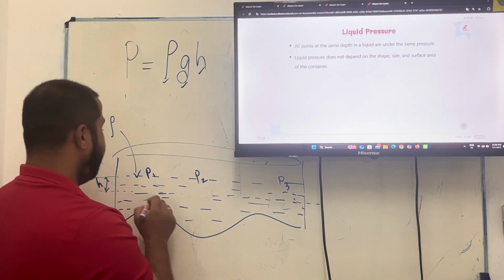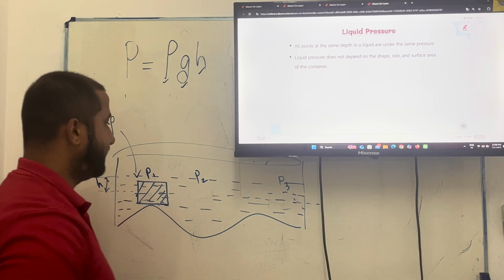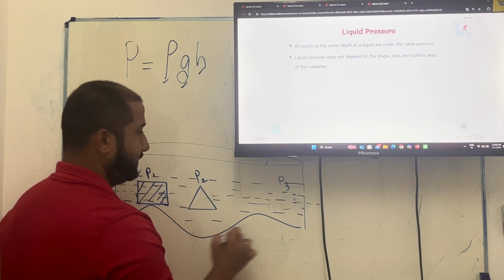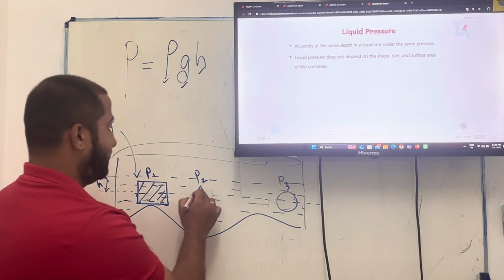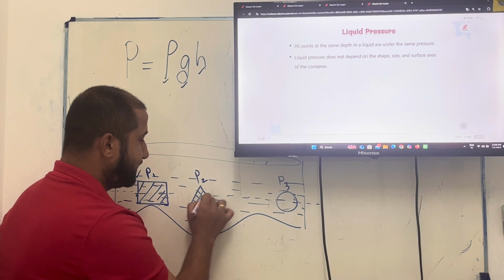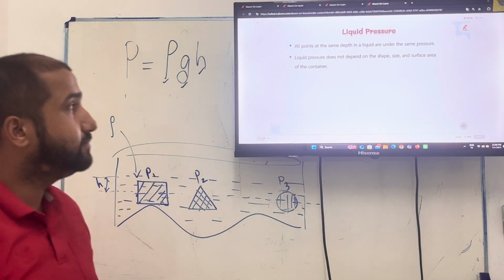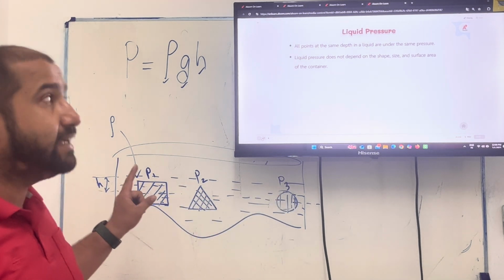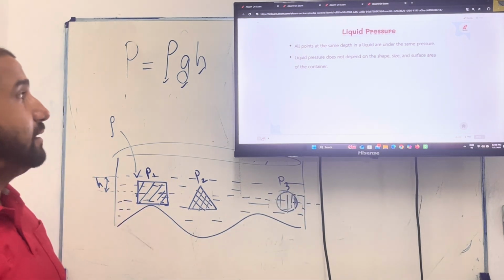Let's say we have a rectangle-shaped object, a triangle-shaped object, and a spherical object. The surfaces of the objects have different designs. So three different shapes, three different sizes, and three different surface areas.